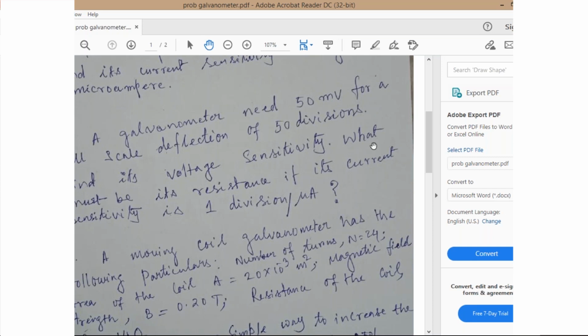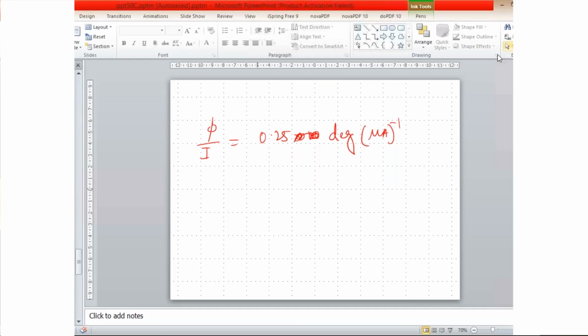Find its voltage sensitivity. What must be its resistance if its current sensitivity is this much? I will repeat the question. There is the galvanometer. I'll draw it so you can appreciate it.